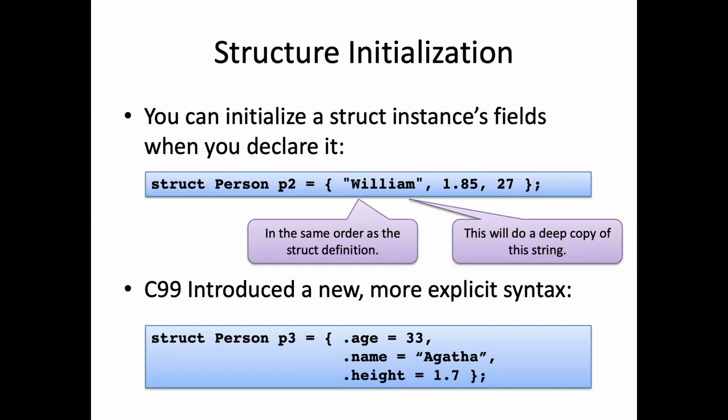If you name a field and then you start giving values that you don't name, it'll just continue from the last field you named. This isn't a good example of that because the first thing I specify is actually the last field. But if you had started with .height and then you just gave another field after that, it would assume that age was next if you didn't say otherwise.